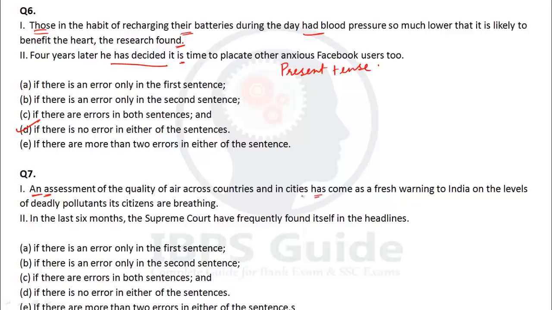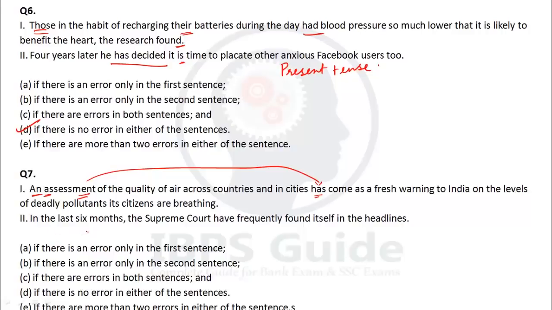Why will it be has? Because assessment is singular, that's why we take has, a singular verb. Come as a fresh warning of India to the levels of deadly pollutants its citizens are breathing. So its citizens, that is used in the concept of country. So first sentence, there will be no error.